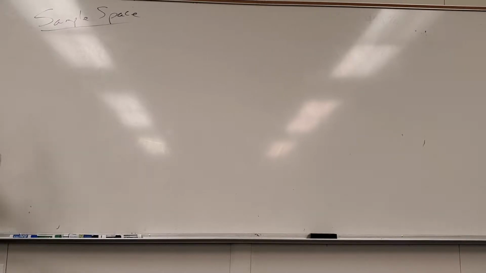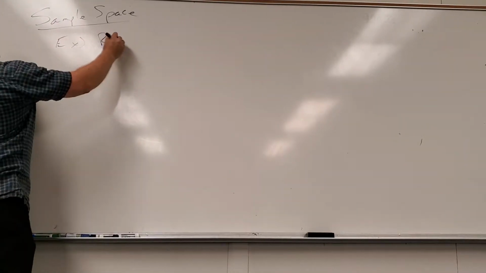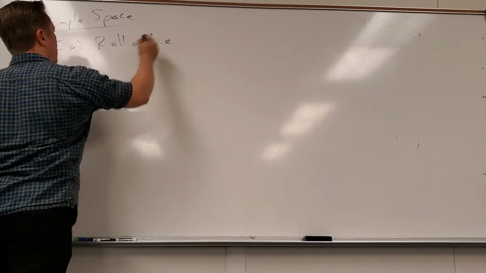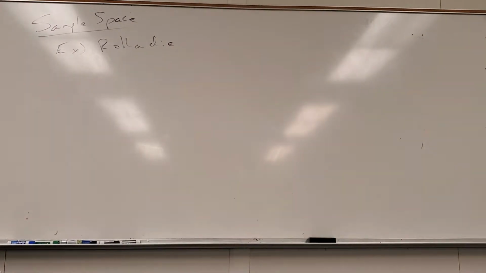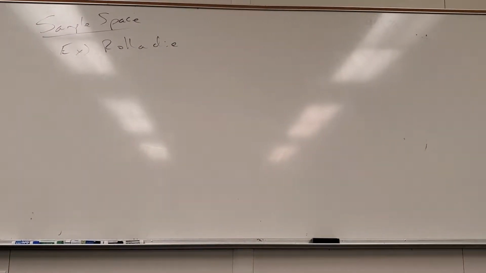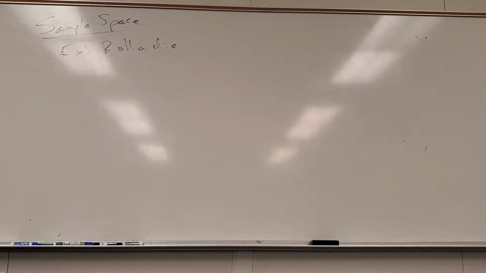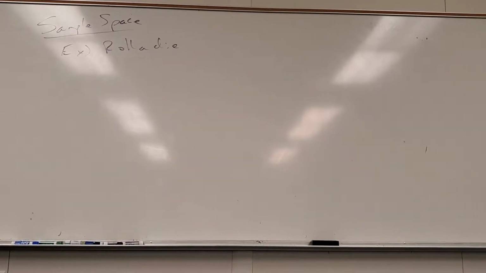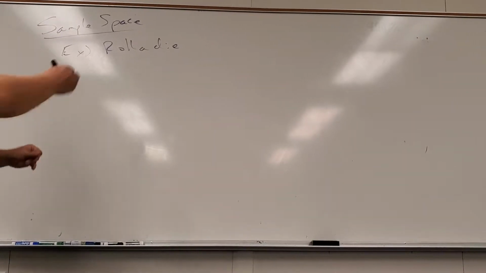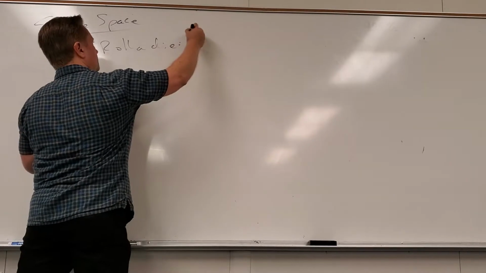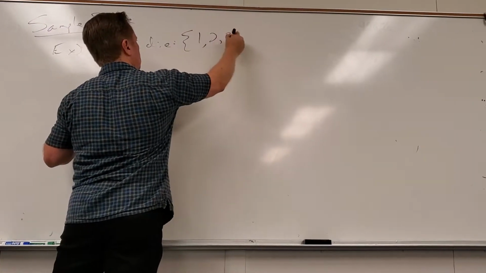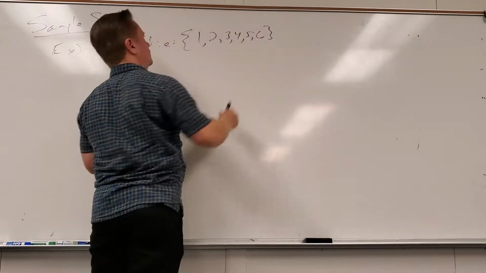So for example, if I roll a normal die, a six-sided die, not a Dungeons and Dragons 40-sided die or something, just a normal die. What's all the things that could possibly happen if I roll a die? Yes. So then the sample space would be 1, 2, 3, 4, 5, 6.